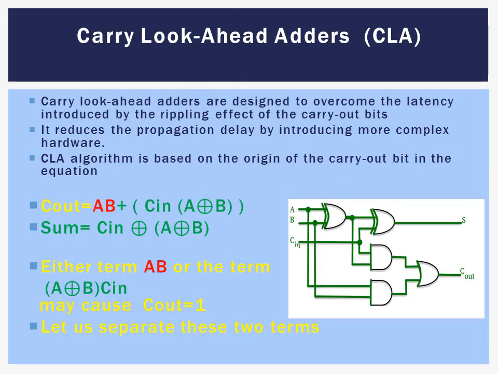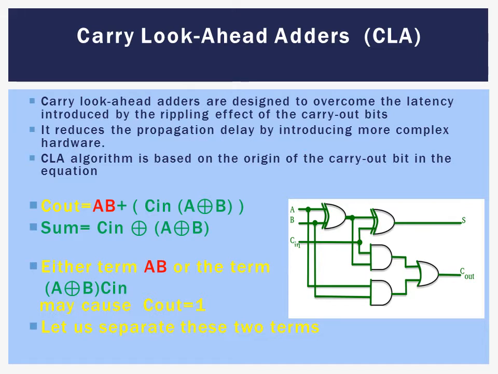Now if you look at this full adder circuit, you will find that the sum is A exclusive or B exclusive or C in, and the carry out C out is A into B plus C in into A exclusive or B. That is, here you are getting A into B, and C in is one of the inputs to the AND gate, and the second input is coming from this exclusive OR, that is A exclusive or B, and that is how we write the equation for C out.